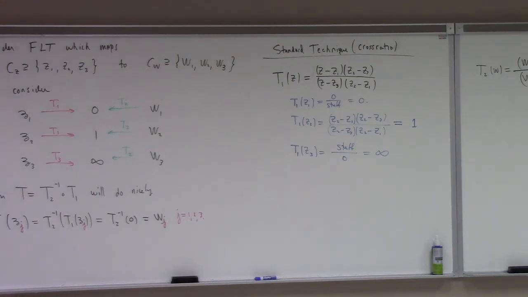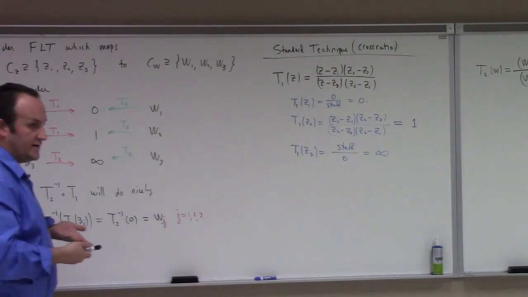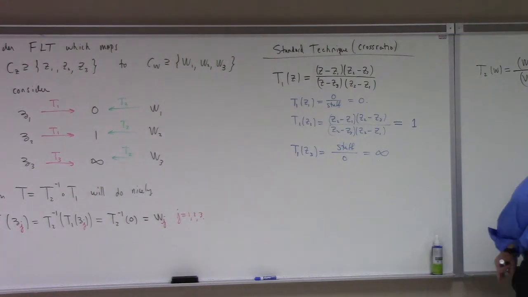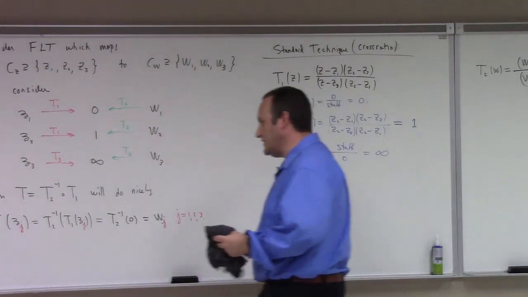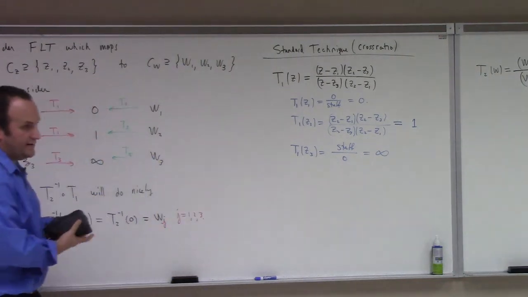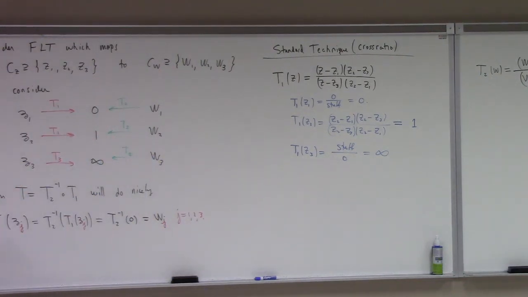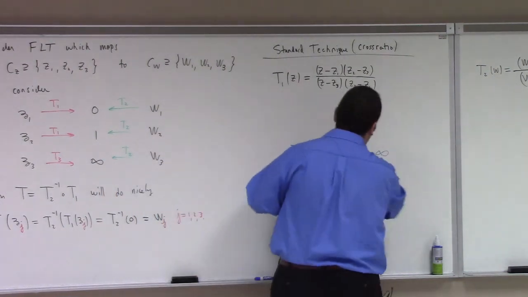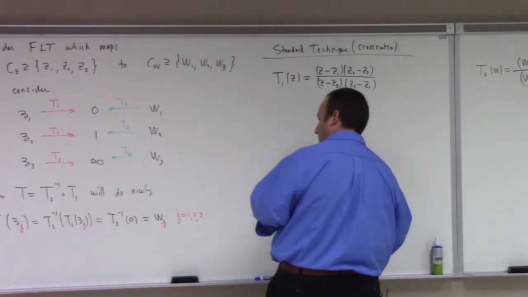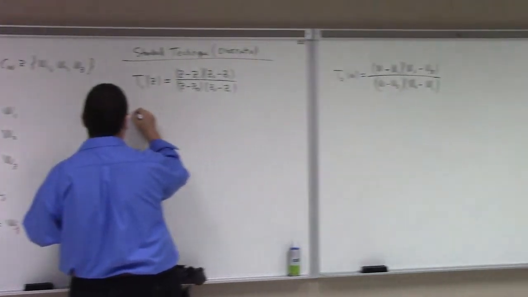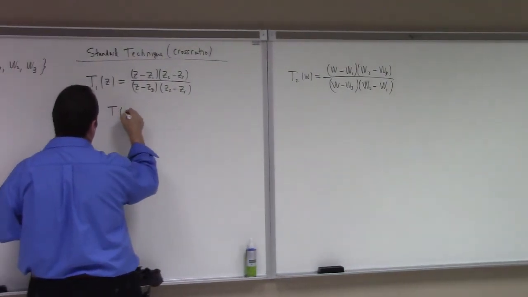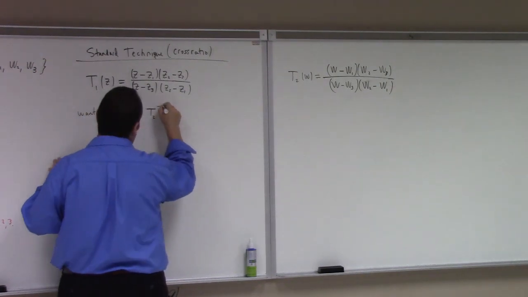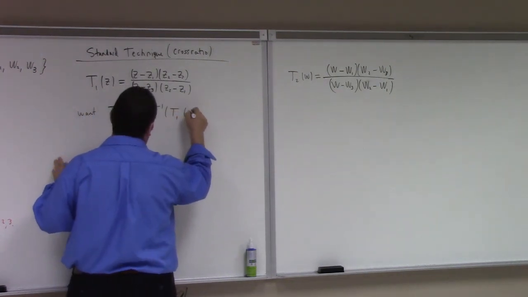And again, for the same reasons, it's going to map to 0, 1, and infinity. So my claim is that if we construct T as T2 inverse composed with T1, that's precisely the FLT which takes that triple of points to that triple of points, the Z's to the W's. And so we want T of Z to equal T2 inverse of T1 of Z, right?